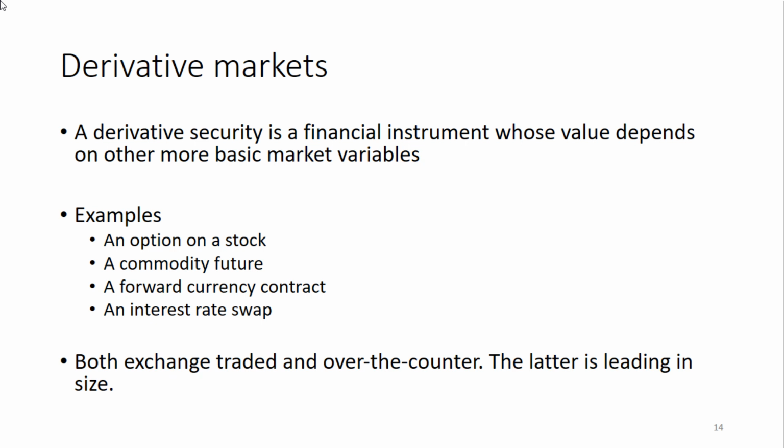And derivative securities are very important, so are the fundamental instruments that a financial institution, but also large corporations, will use as a hedging instrument to hedge against all sorts of financial risks, as we will see. So it's an important market from a risk management perspective, the derivatives market.